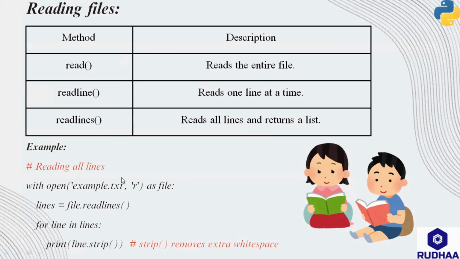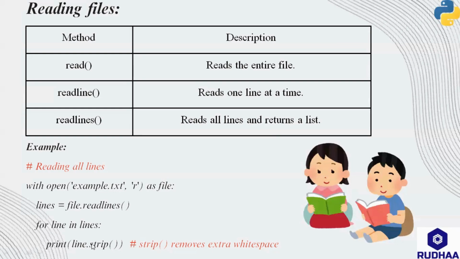For reading all the lines, this will be the example. With open example.txt in read mode as file, lines is equal to file.readlines. So you are reading the lines and storing them in a variable lines. For line in lines, for each and every line that is present in the lines, print line.strip.